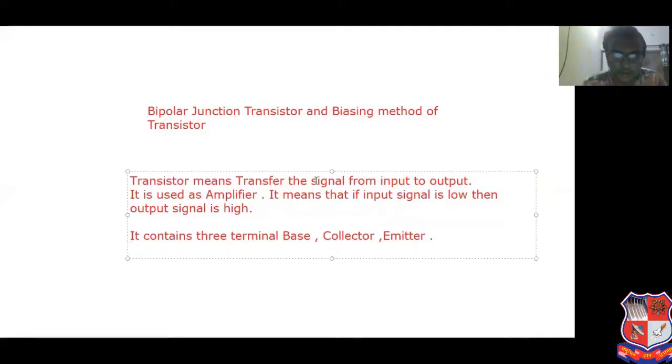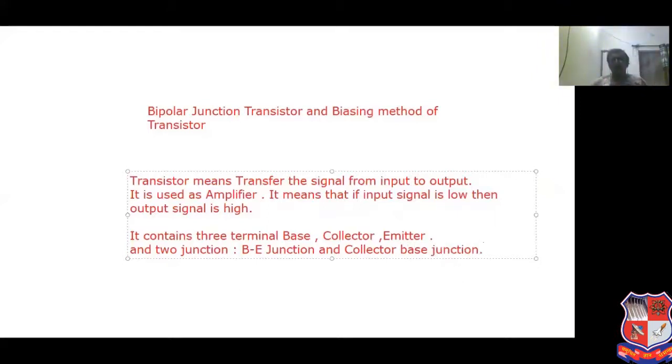It contains 3 terminals and 2 junctions. Which are the junctions? Base emitter junction and collector base junction. So it is the fundamental concept regarding the transistor.